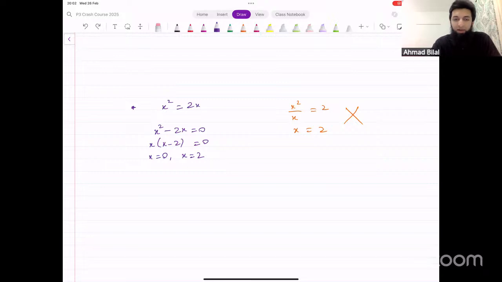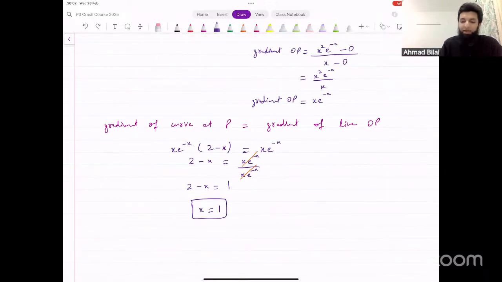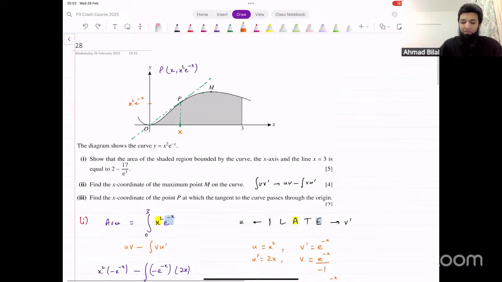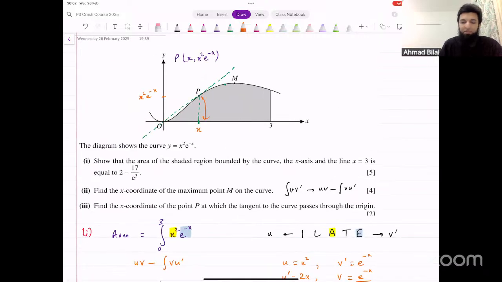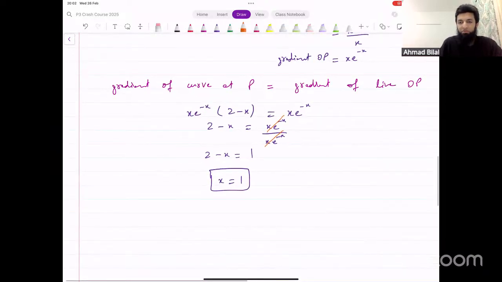So we avoid dividing by x for that reason. We can only divide by x if we are sure that the value of that variable cannot be 0. In this case, we knew that x cannot be 0 because on the graph you can see the x coordinate of P is clearly not 0. So that is why I said we could do this division.